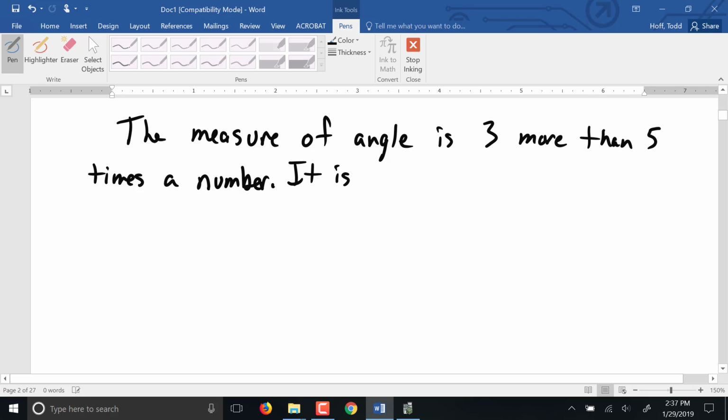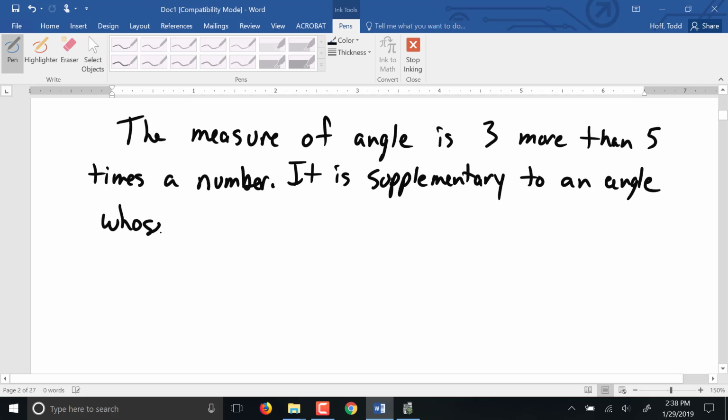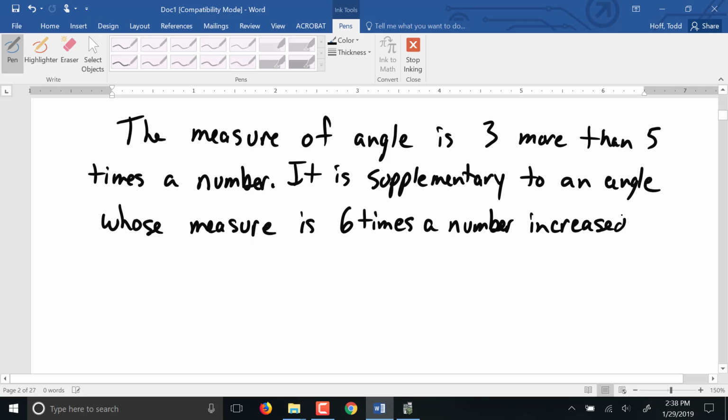It is supplementary to an angle whose measure is 6 times the number increased by 12. Find each angle.